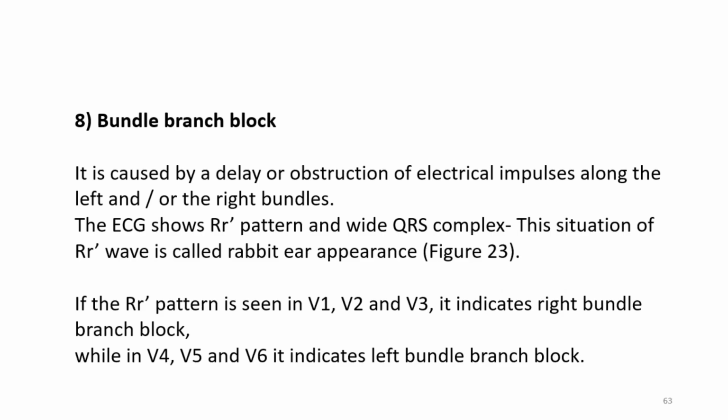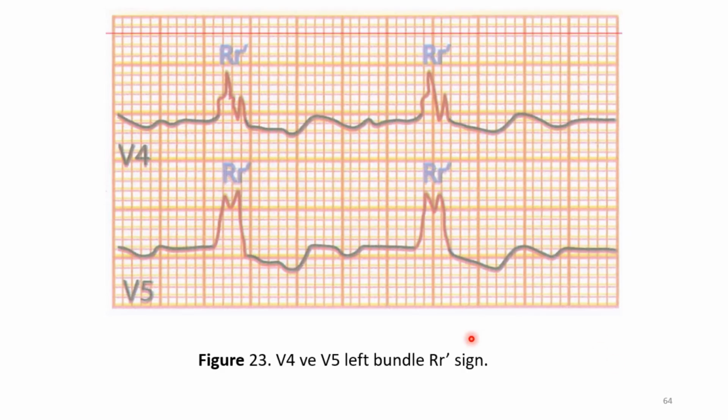If the RR pattern is seen in V1, V2 and V3, it indicates right bundle branch block, while if it is seen in V4, V5 and V6, it indicates left bundle branch block. You see here V4 and V5, so RR pattern, so it shows us left bundle branch block in this patient.